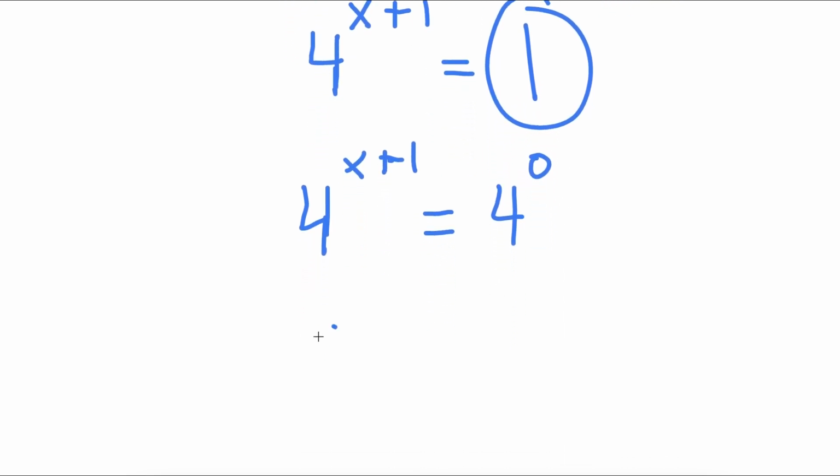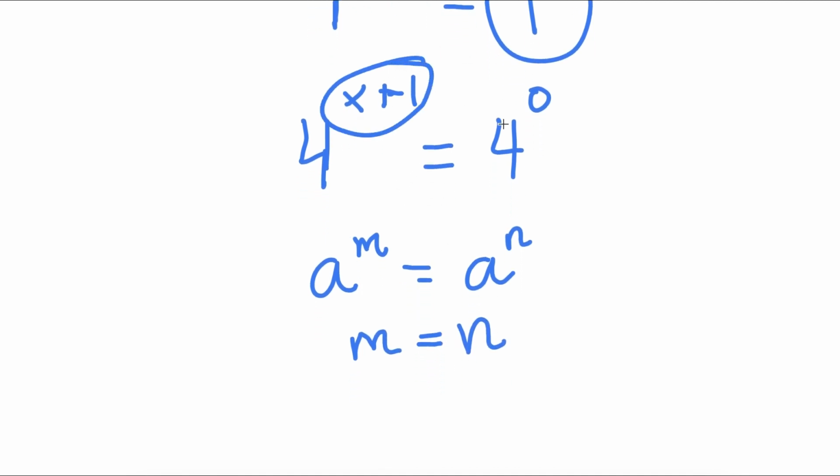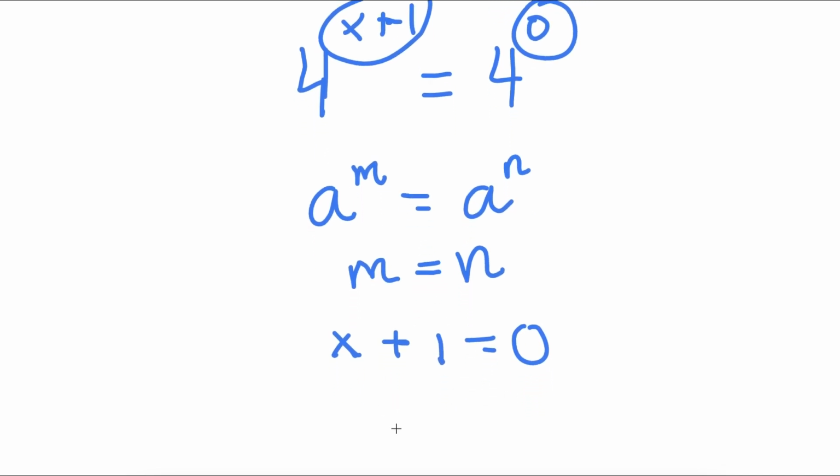And if I have something in the form a to the power of m is equal to a to the power of n, this means that m is equal to n. So in this case, x plus 1 is equal to 0, meaning x is equal to -1.